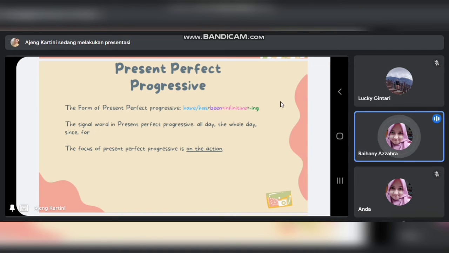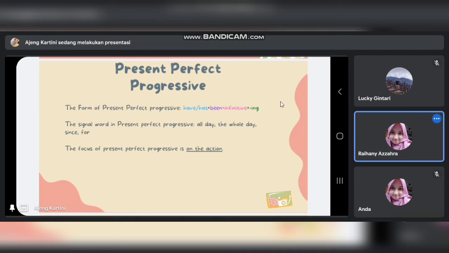The form of present perfect progressive is have or has plus been plus verb-ing. The signal words in present perfect progressive are all day, the whole day, since, and for. The focus of present perfect progressive is on the action.